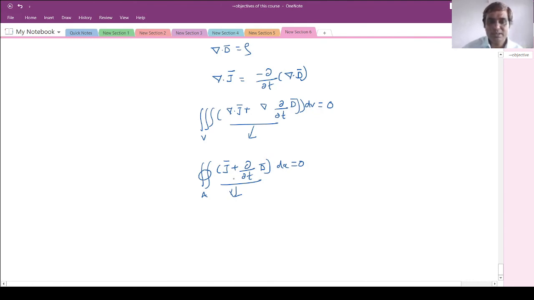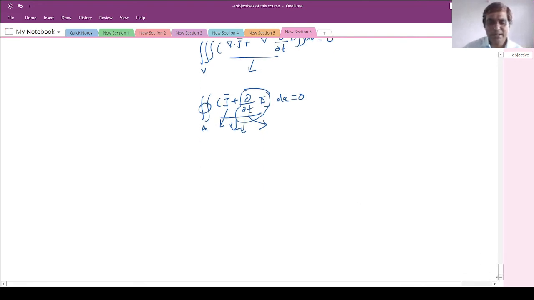Observe that the current coming out from the surface is not only equal to the current density J, but also the rate of change of electrical displacement. Maxwell introduced this term, the rate of change of electrical displacement, in order to satisfy the continuity equation. J, we know, is the conduction current.